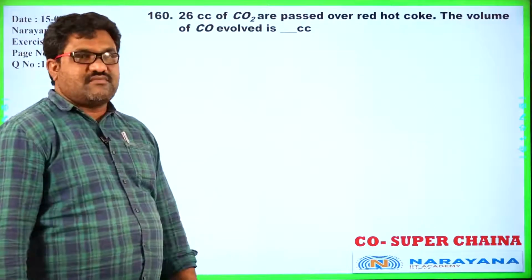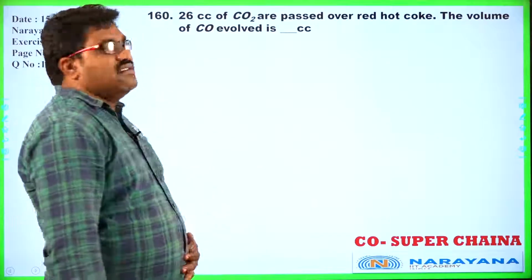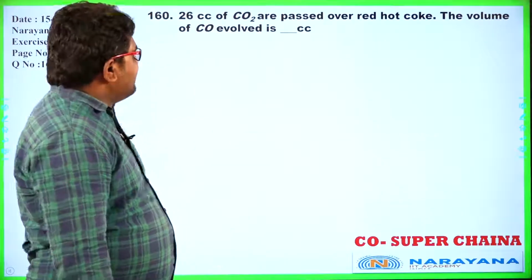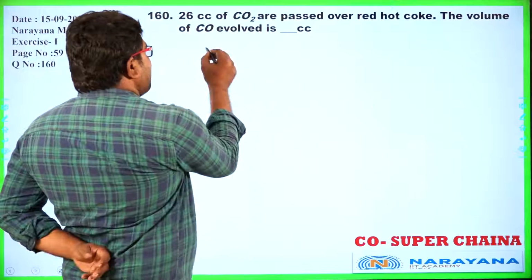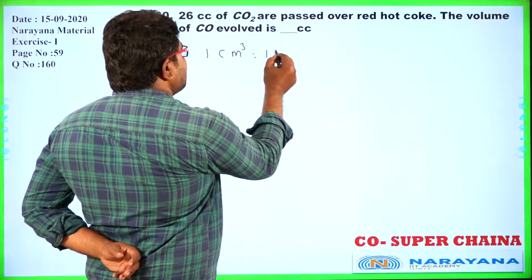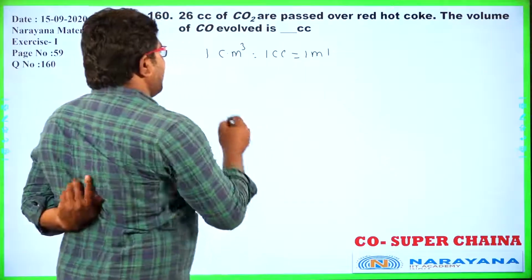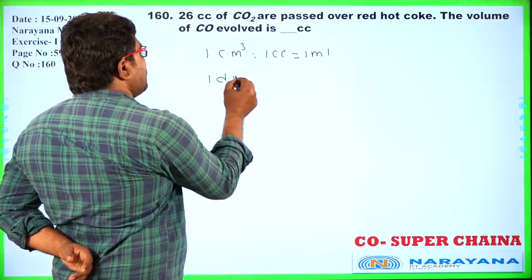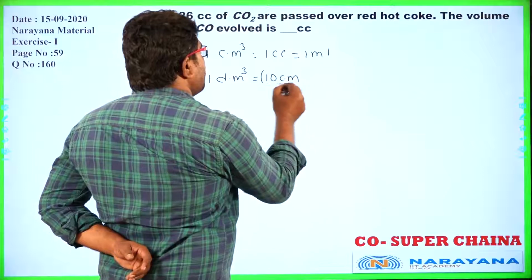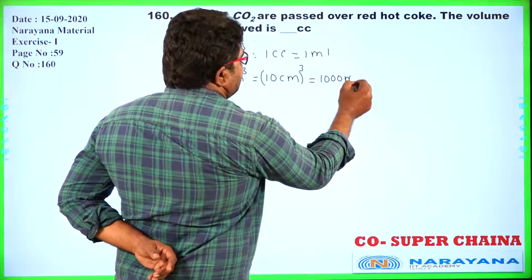This is question number 160 from our material, page number 59. 26 cc. What is cc? 1 centimeter cube is called 1 cc, and that is equal to 1 milliliter. 1 decimeter cube is equal to 10 centimeter whole cube, which gives 1000 ml or 1 liter.